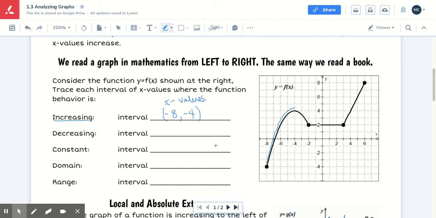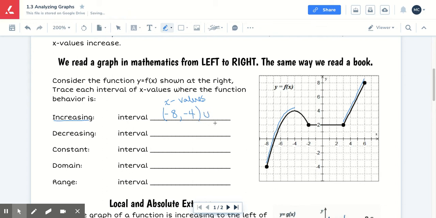Now there is another place on this graph where the function is increasing, going upward from left to right. So I'm going to trace that one as well. It's going down here, it's flat here, it's going up again over here. So I'm going to trace this part all the way to there. And then I need to list that also as an interval of increasing.